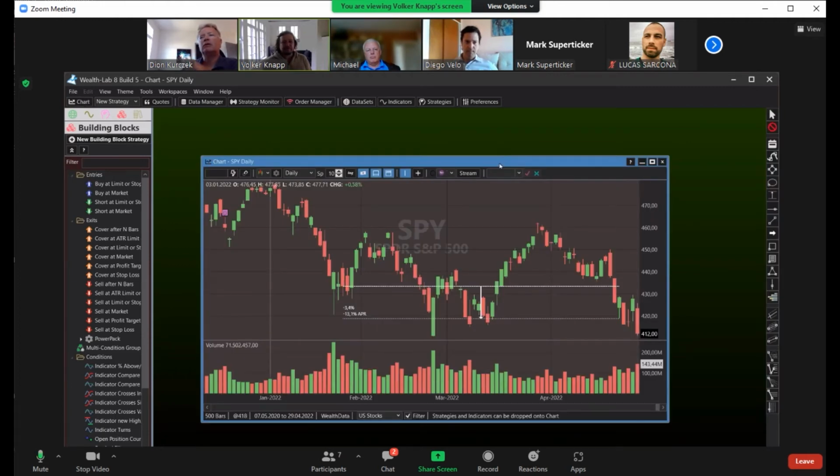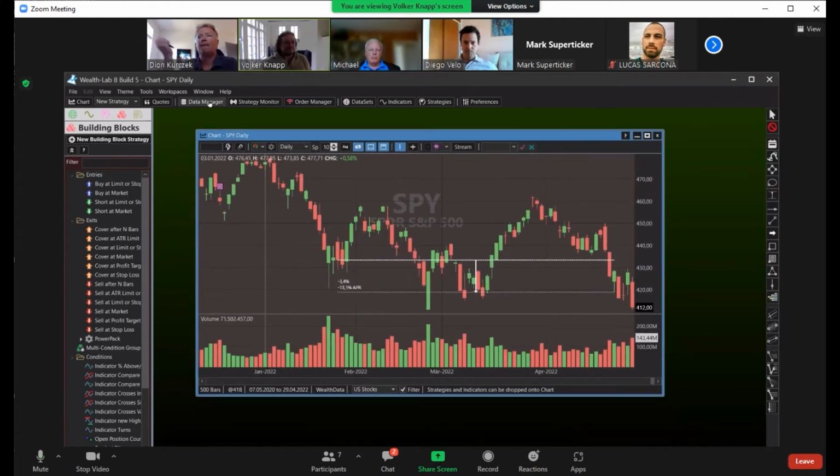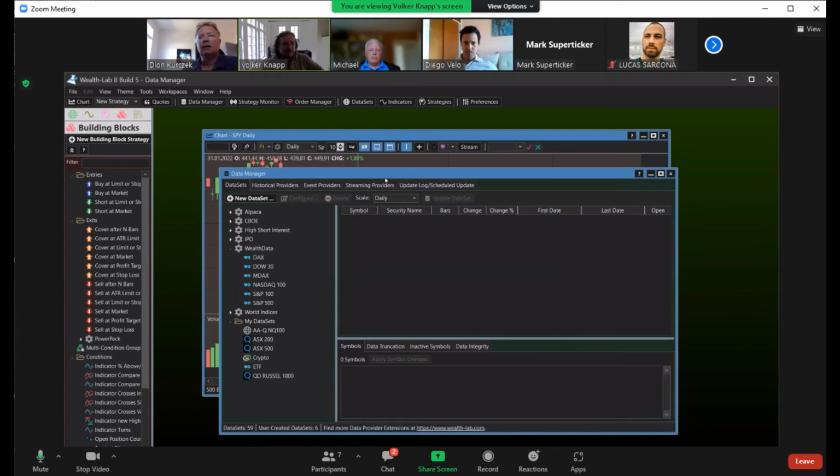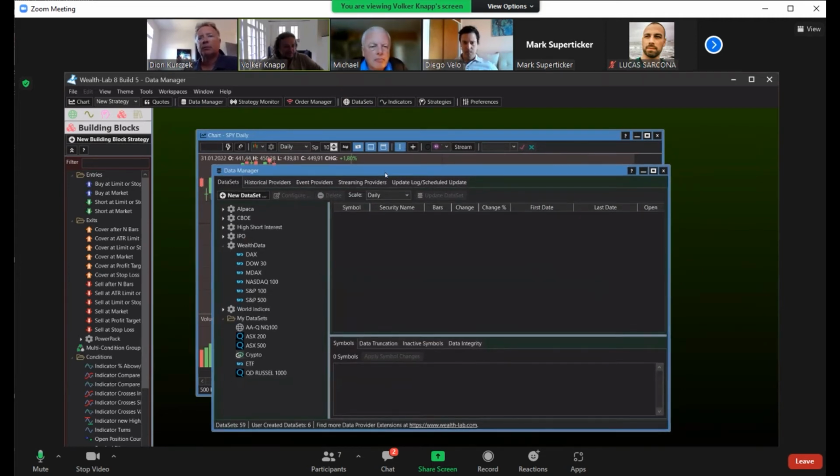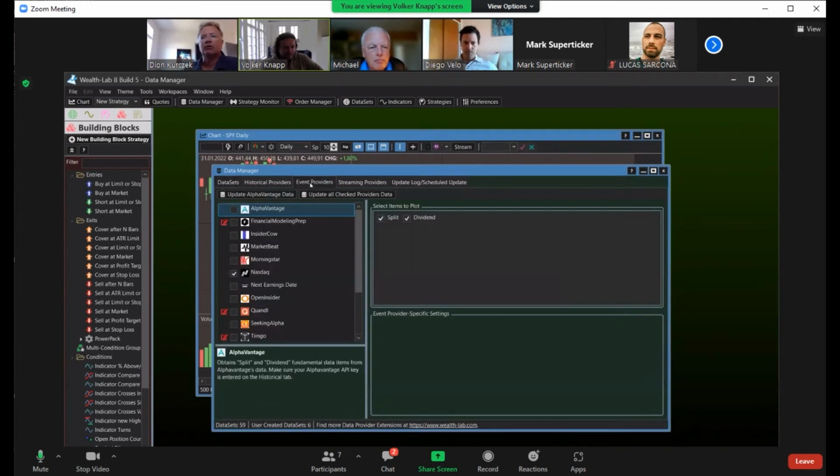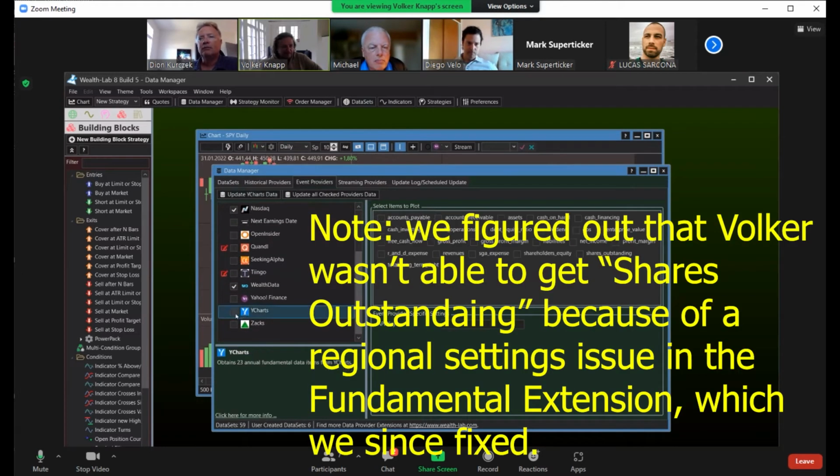So we'll need to go to the data manager again, and let's go back to our event providers. You should have a bunch more now. Look at all those. Yeah. All beautiful different colored icons. So should we use YCharts or should we use Morningstar? I think with YCharts we have a good range of fundamentals.